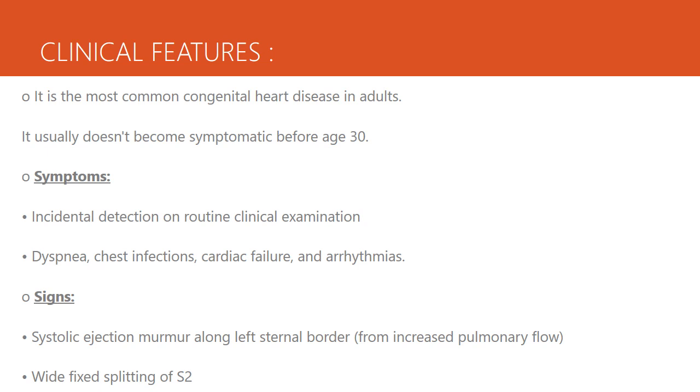This can lead to increased blood volume in the right atrium and right ventricle. Consequently, during inspiration, there is an enhanced filling of the right heart chambers due to increased venous return, which further delays the closure of the pulmonary valve. As a result, during inspiration, the aortic valve closes earlier than the delayed pulmonary valve, resulting in a wide splitting between the two components of S2.